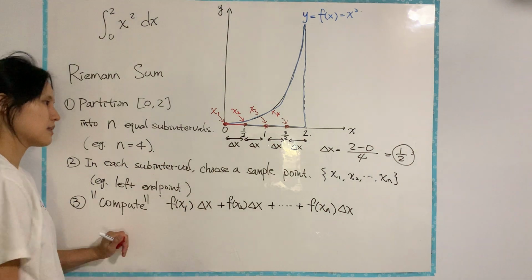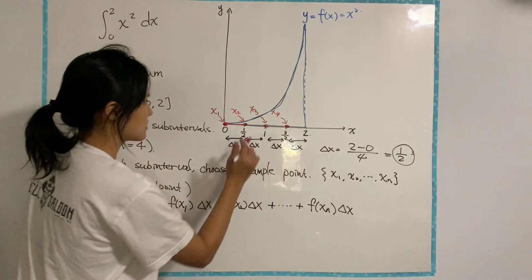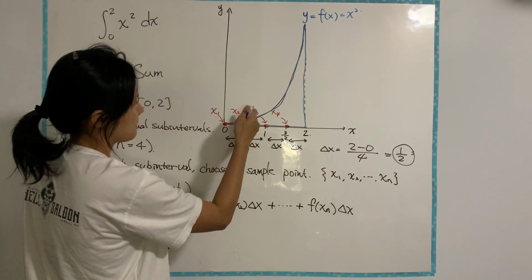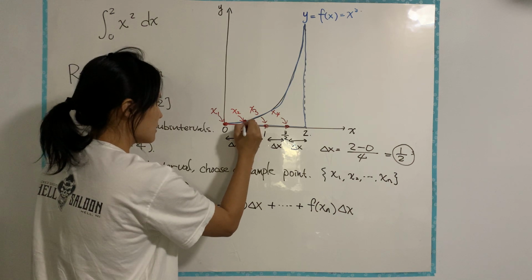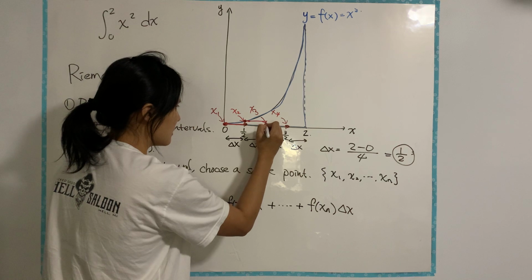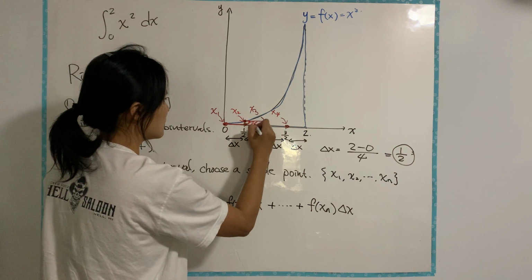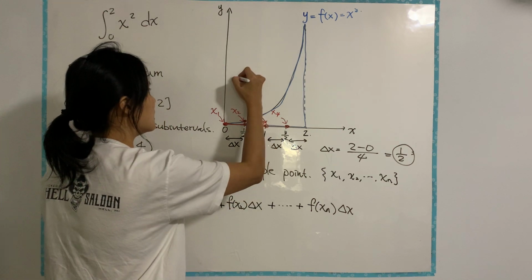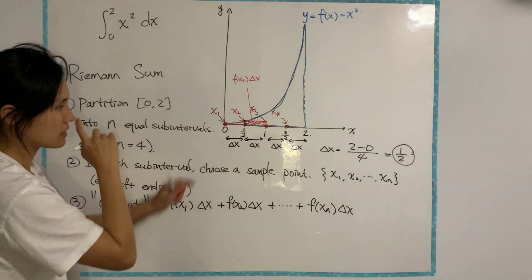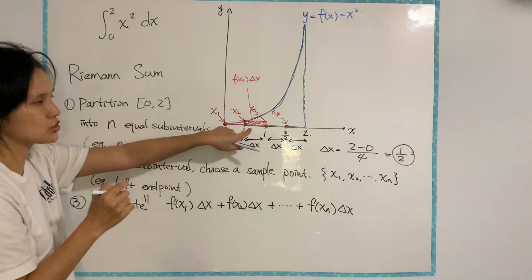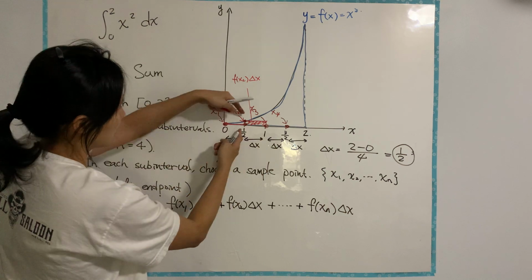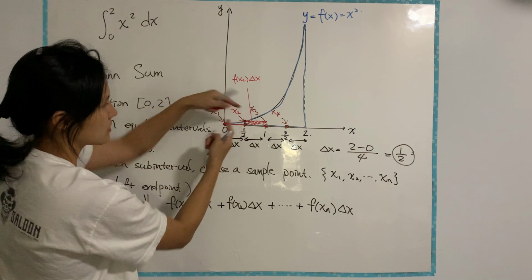Okay, because 0 times anything is 0. f of x2 is this number. Okay, so if I do f of x2 times delta x, what I get is the area of this rectangular region, with the base of the subinterval and the height of f of x2.